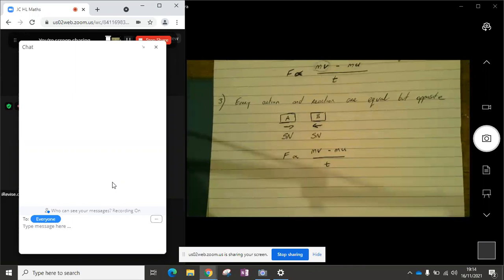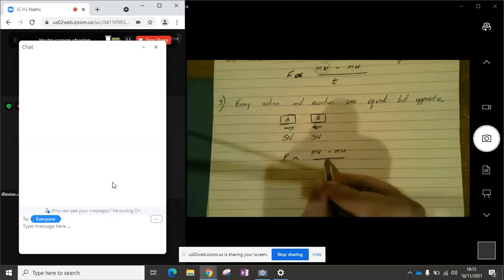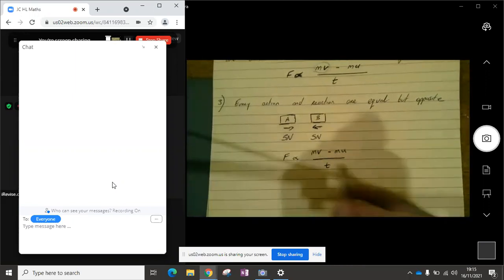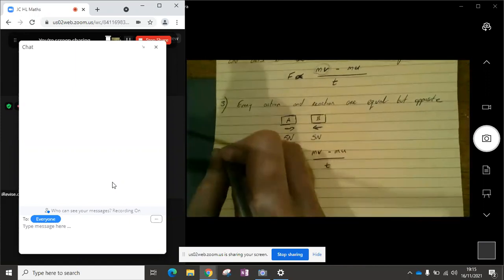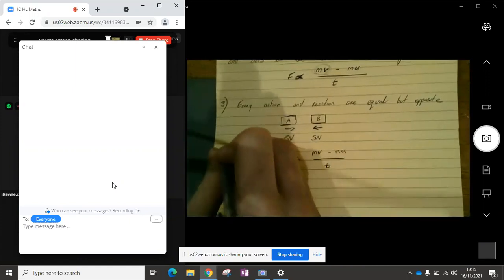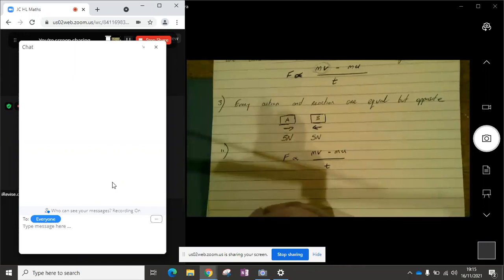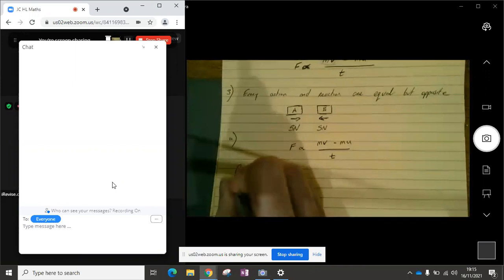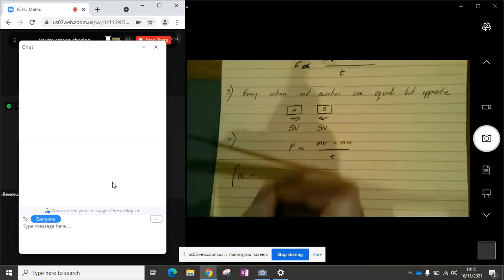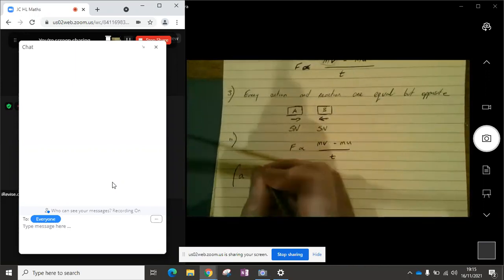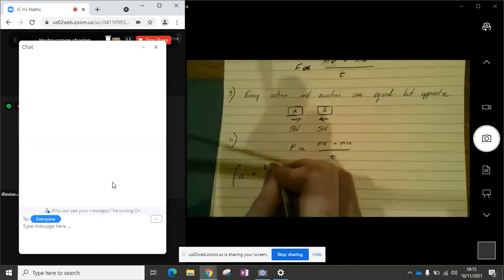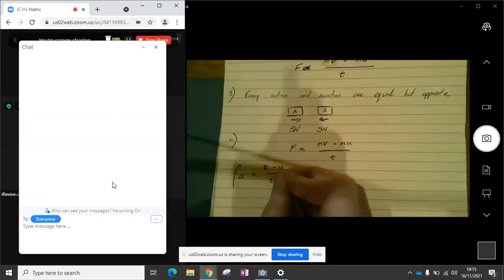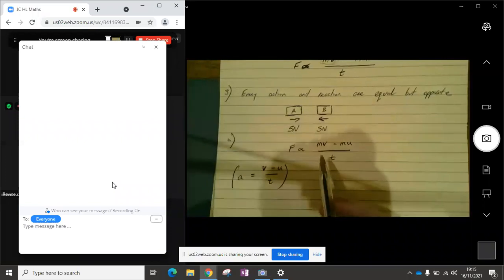Now, we start with this. I'm going to put a little bracket here: a is equal to (v minus u) over t.